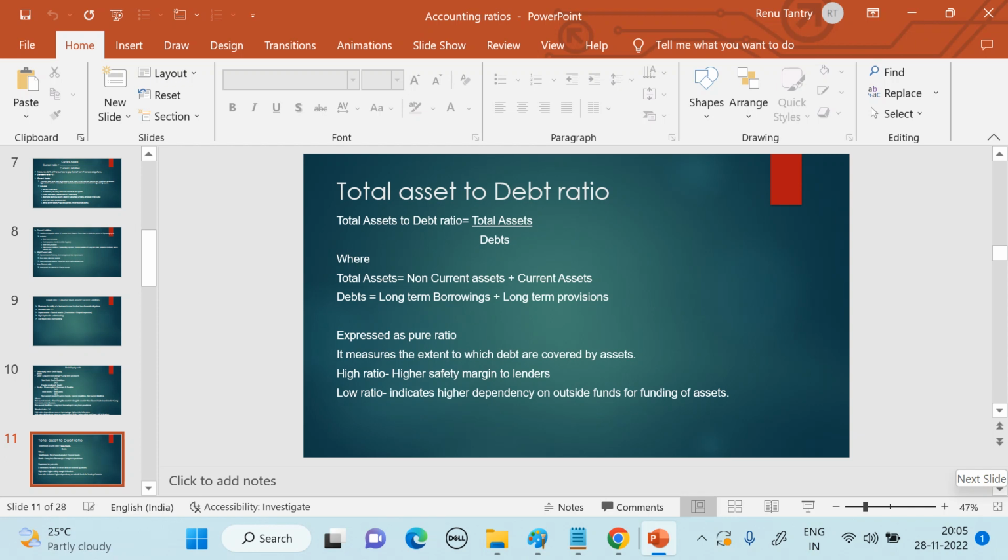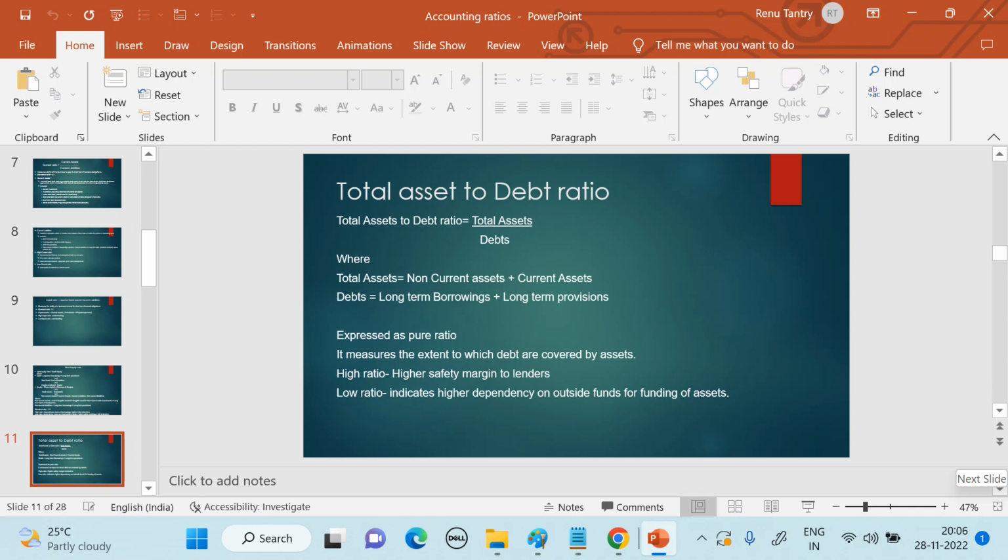Now this particular ratio is expressed as a pure ratio. And what does this actually measure? It measures the extent to which debt is covered by the assets. So how much assets you have so that you can use that to pay the debts.